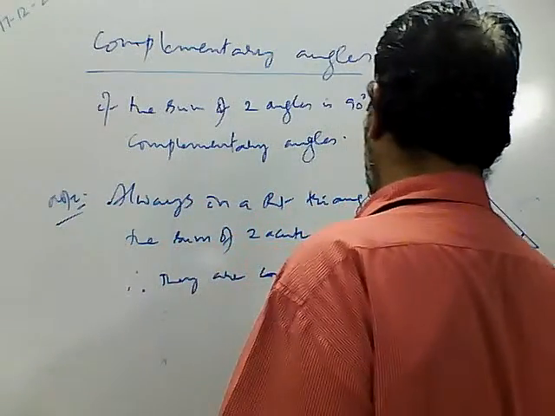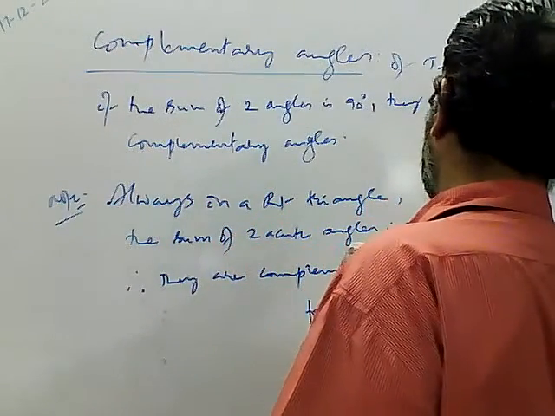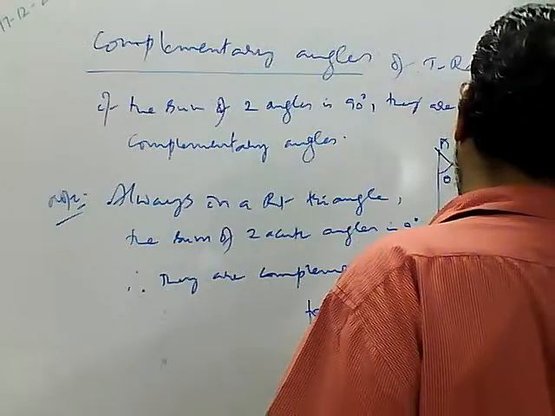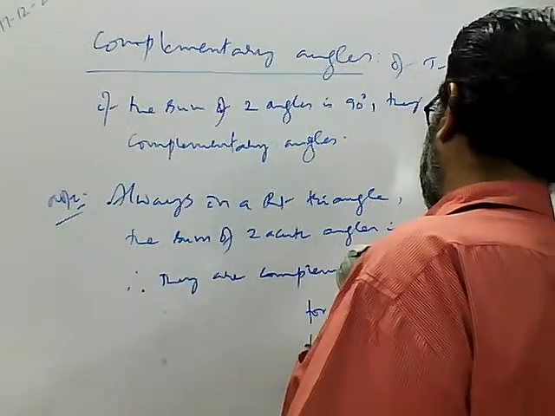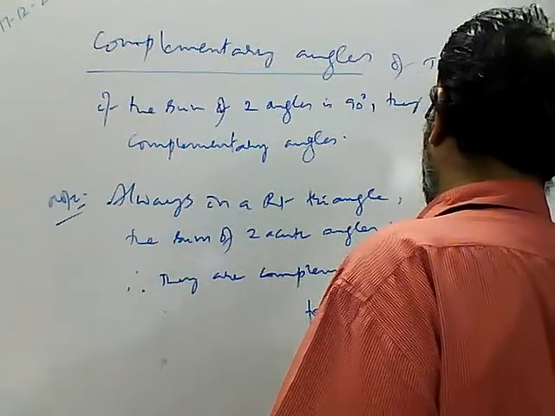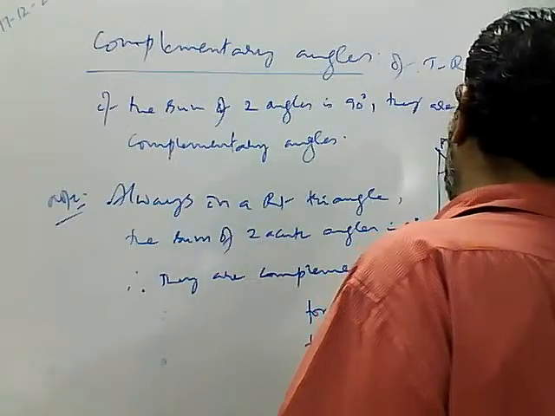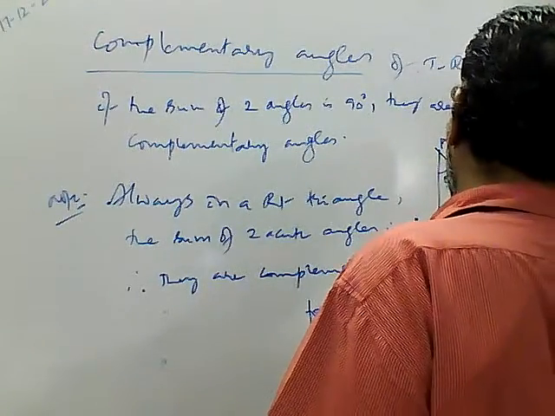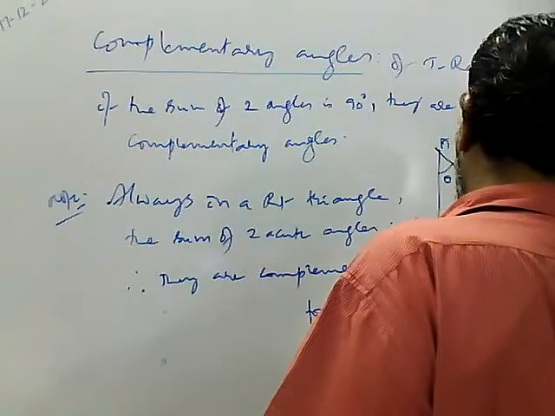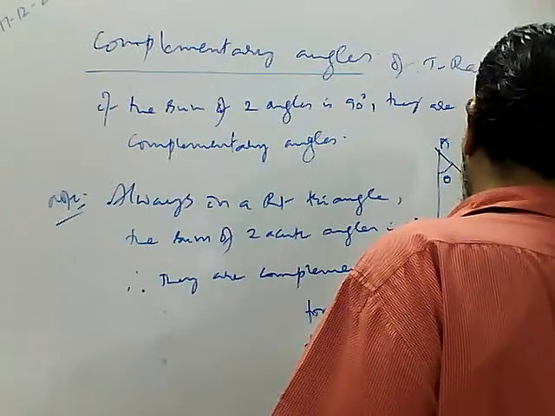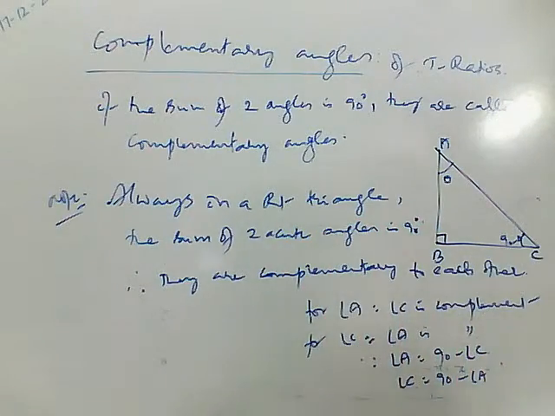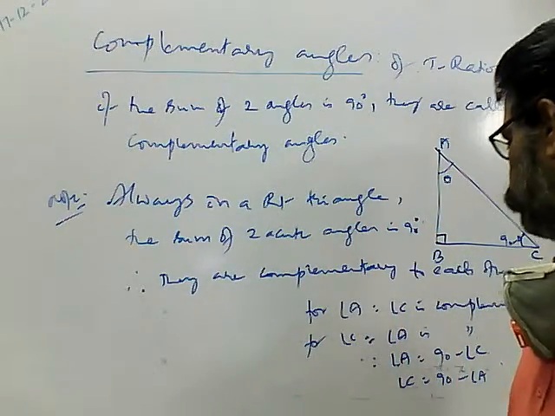So for angle A, angle C is complementary. For angle C, angle A is complementary. Since angle A is equal to 90 minus angle C, angle C is equal to 90 minus angle A. Right?